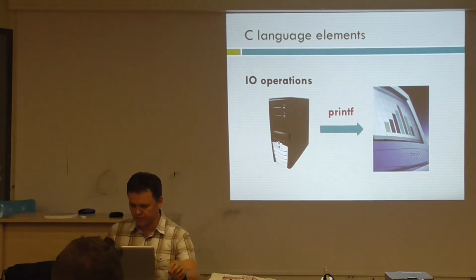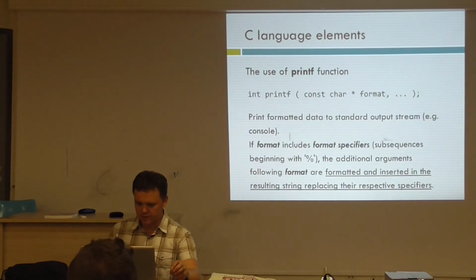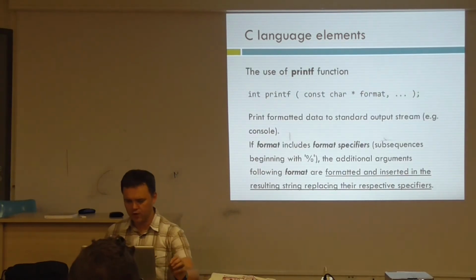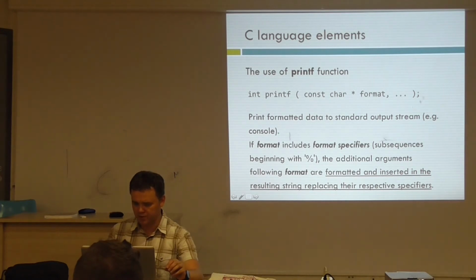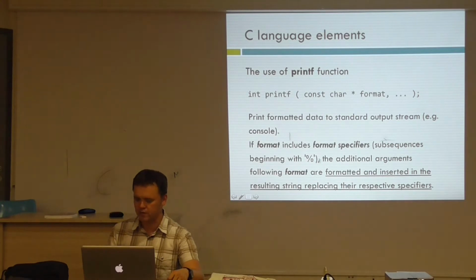We can use printf to print some data, and the structure of printf is described here. We can see that we can use a format and a different list of arguments that could be passed to this printf function. First of all, the format includes format specifiers, subsequences beginning with the percent character.